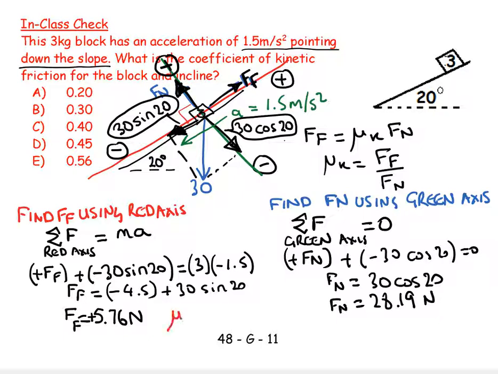And then I'll do this a little bit in the middle. Mu k is equal to Ff over Fn, which equals 28.19 over 5.76, which equals 4.89. Sorry, that can't be right.